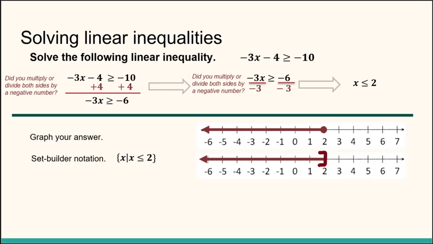Writing it in set builder notation, I'll have curly bracket, the set of all x such that x is less than or equal to 2, ending it with a curly bracket. Interval notation means that I'm going to write it straight off the graph. Notice how that arrowhead with the -infinity is darkened in. That means this is going to be open parenthesis, -infinity, comma 2, square bracket.